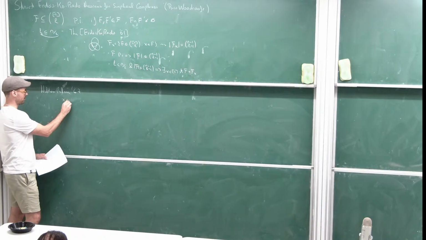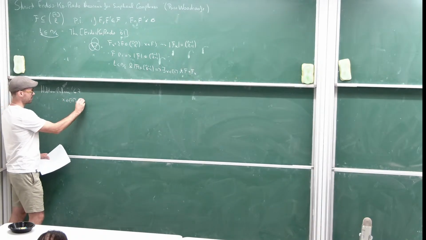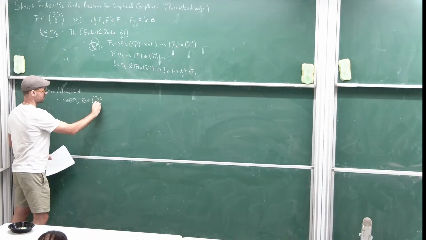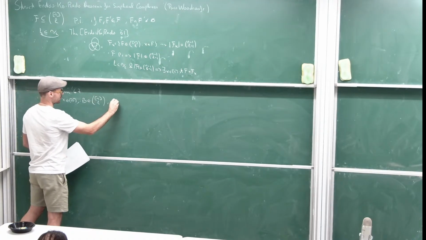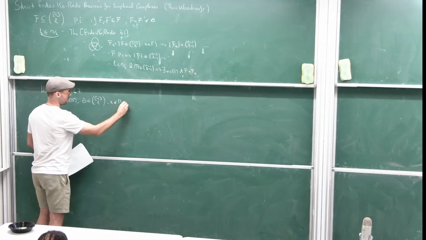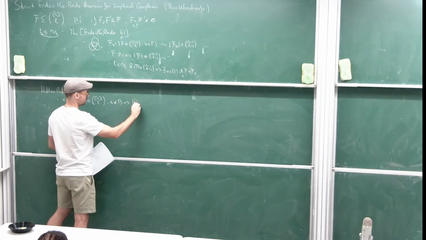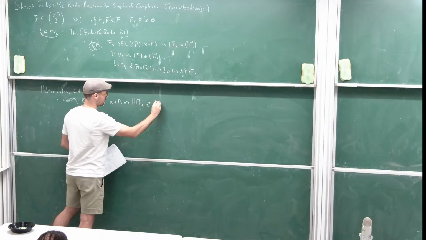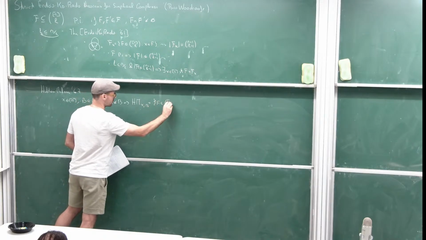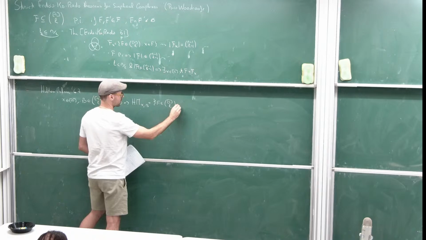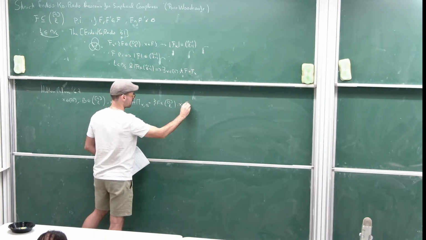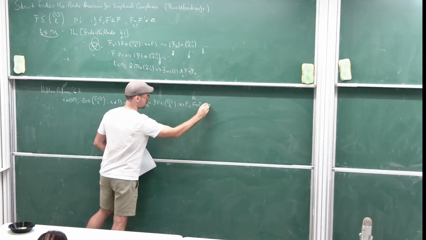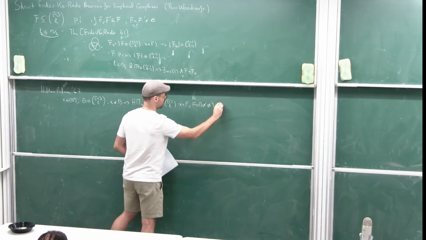So now you fix some element x and some k-set B such that x is not in B, and you can define the Hilton-Milner family, which is all the k-sets that contain this x and intersect B, and you just add B.